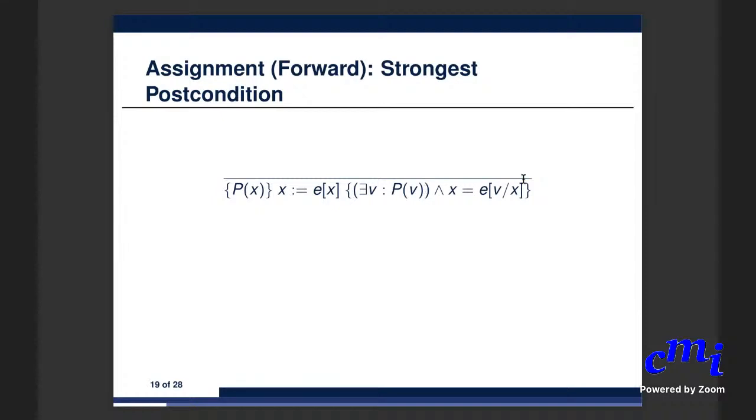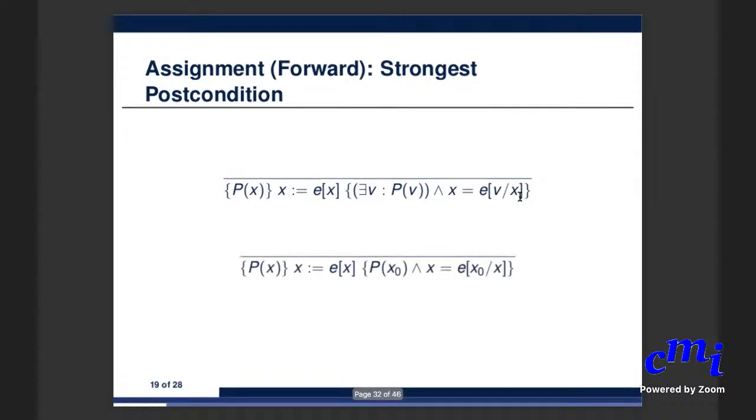The parenthesis should come here, so it should go all the way till the end. So there exists, we have to make sure that P is true, that there exists at least some value. And then X will be equal to whatever the value that you get by executing E, for which P is true.